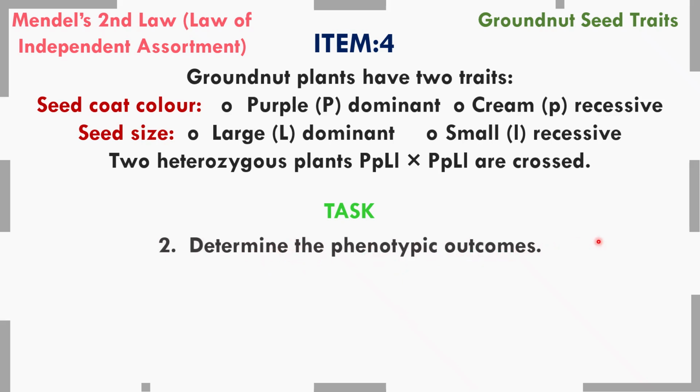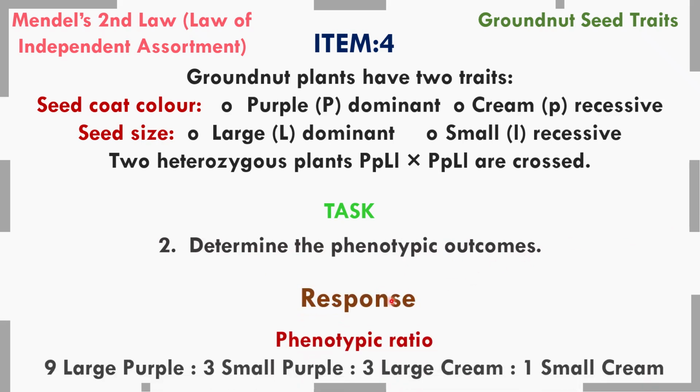Phenotypic ratio: 9 large purple to 3 small purple to 3 large cream to 1 small cream.